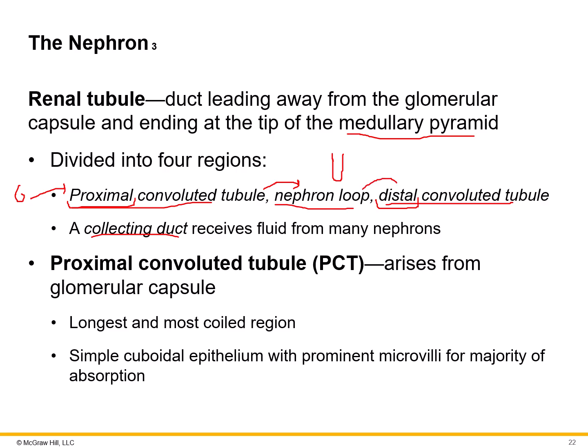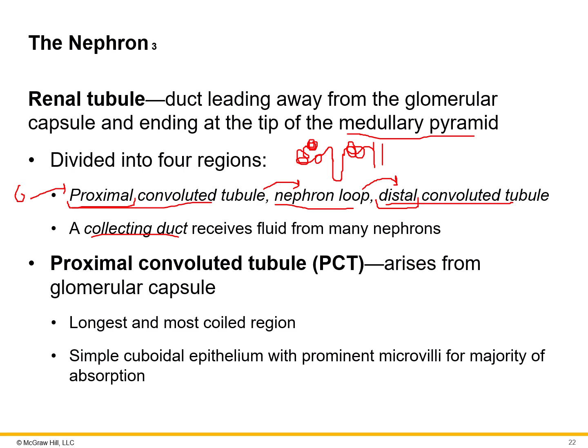Then we get the distal convoluted tubule. So if I could draw this out, here's our glomerulus. Then we get our tube system, going crazy. Convoluted tubule, loop of Henle, distal convoluted tubule, tubes. And then we would drain into a collecting duct.